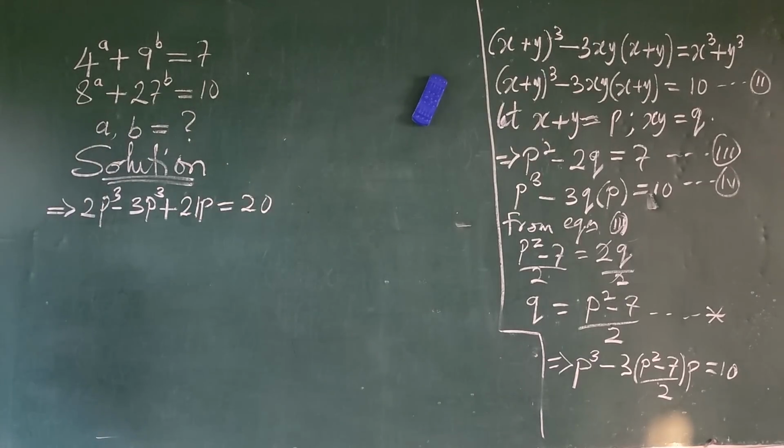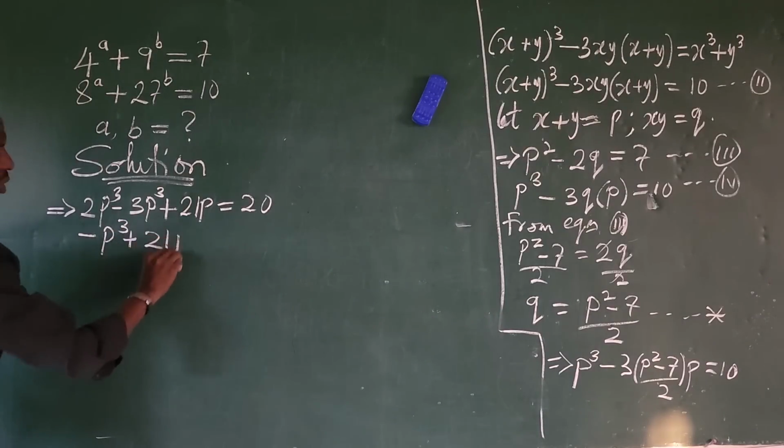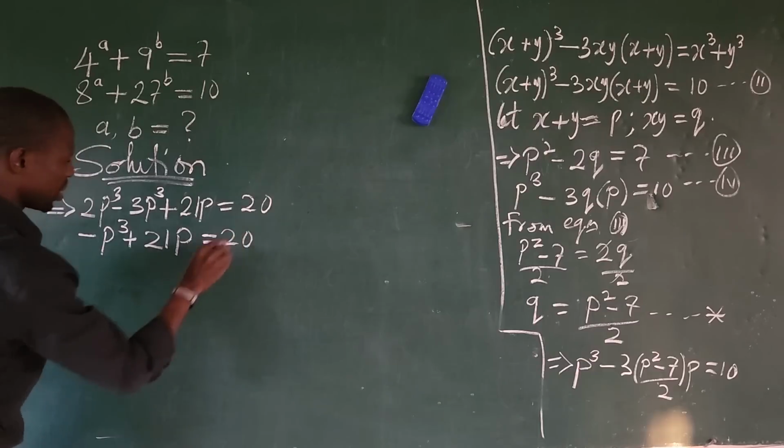Any confusion? Now, 2pq minus 3pq will give us minus p to the power of 3, plus 21p, this is equal to 20.